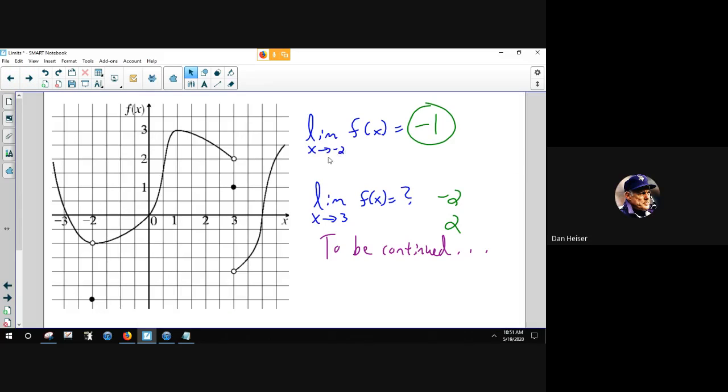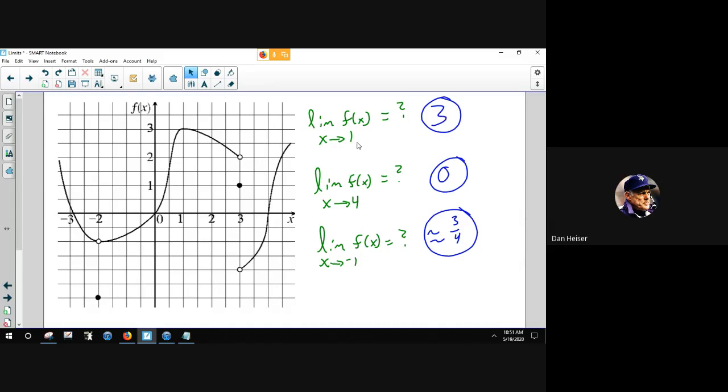Like in this example, we approached -2. We had to approach from both directions. Approach -2 from this side, approach -2 from this side. What is happening to y? And we found that in this example it was -1. In these examples, we had to approach from both sides simultaneously.